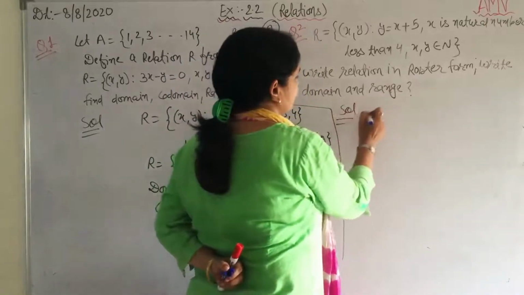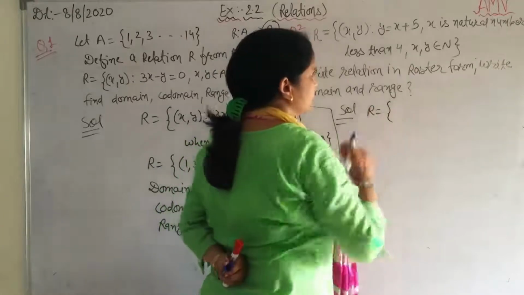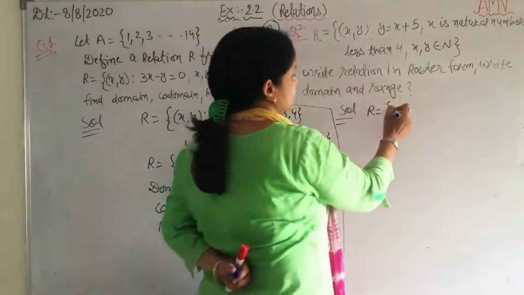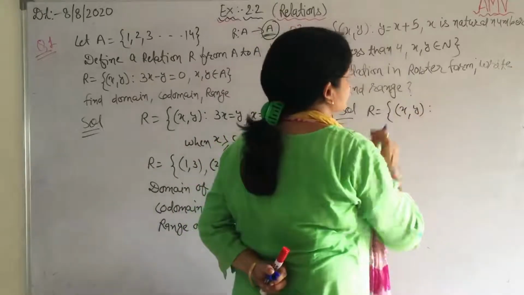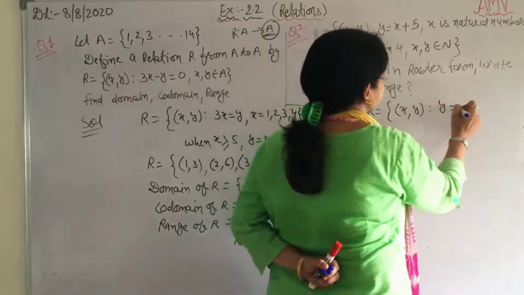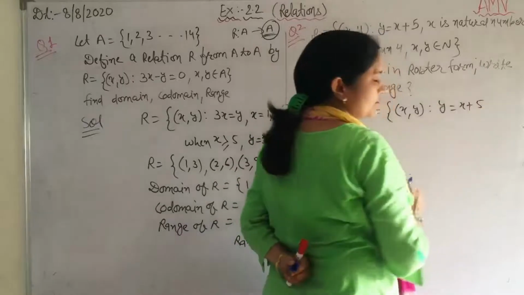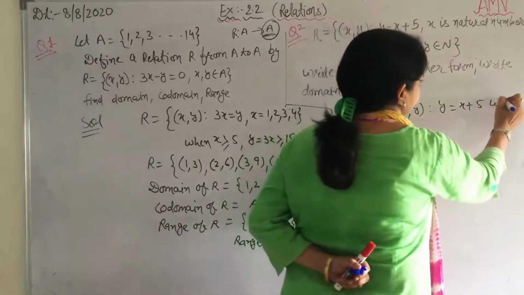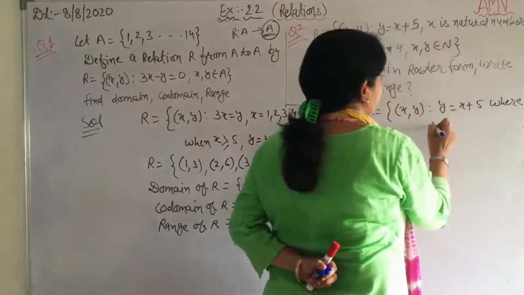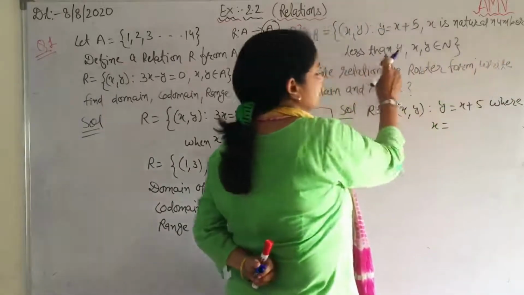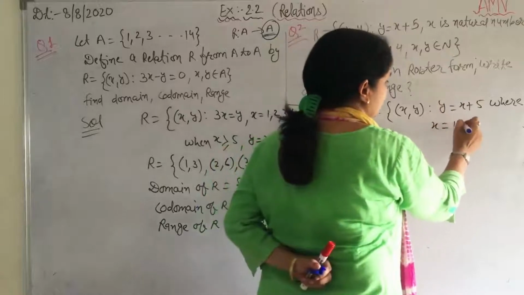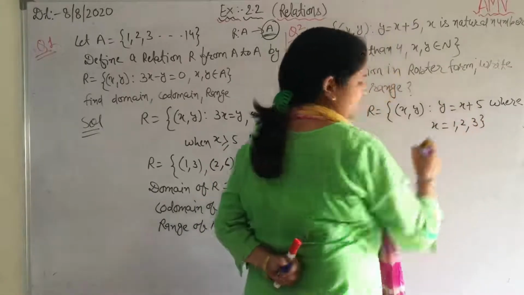So first of all here write the relation. Okay. Here it is given the set of (x, y) such that y is equal to x plus 5 where x is a natural number less than 4, so x is equal to 1, 2, 3 only.